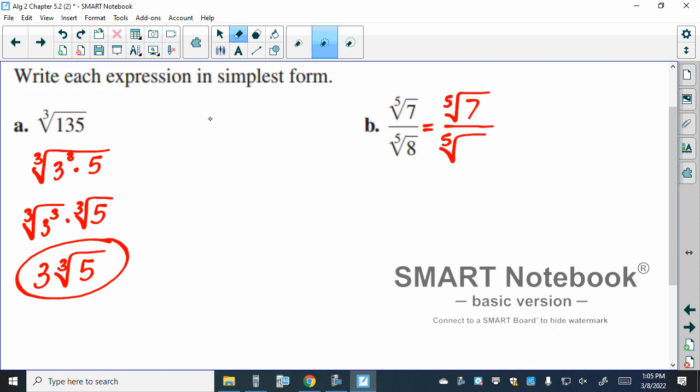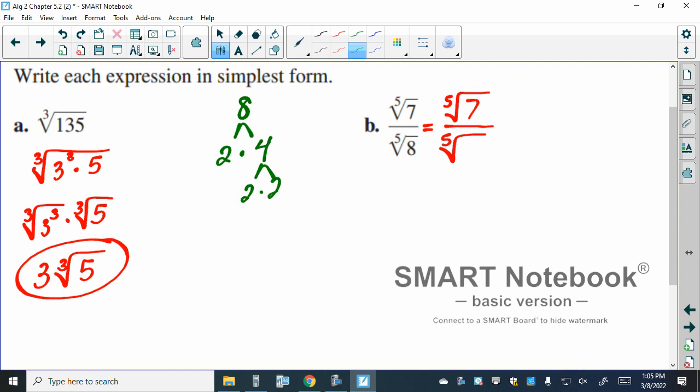Well, if we look at the factor tree for 8, 8 is going to be 2 times 4, and 4 is 2 times 2. So we could rewrite 8 as 2 cubed. And we want to write it in this form so that we can simplify the radical in the easiest way possible.